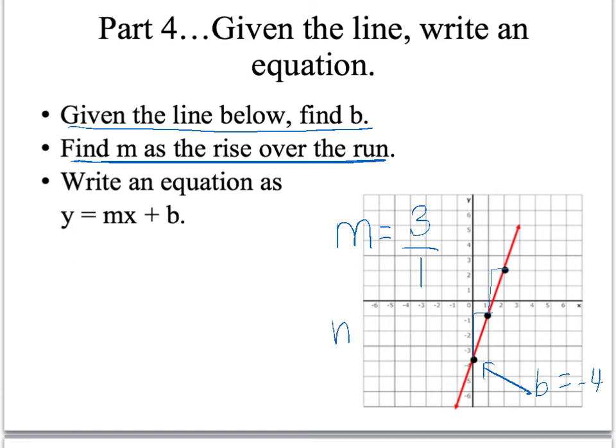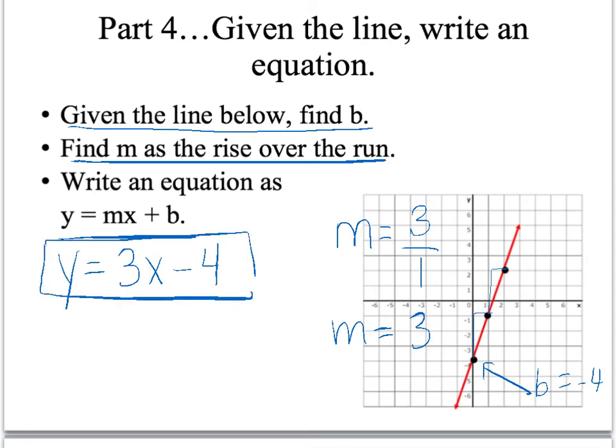So the slope is just M equals 3. Now it says write an equation as y equals mx plus b. So y equals m, which was 3x, plus b, which would be plus a -4 or just a -4. And that line that they showed us the original graph of is the equation y equals 3x minus 4.